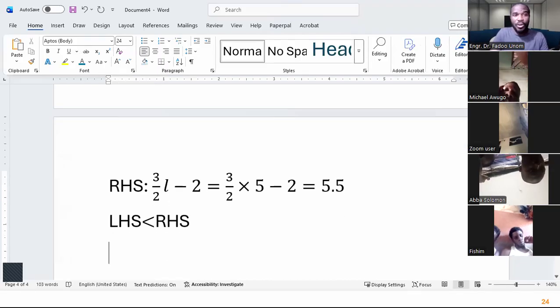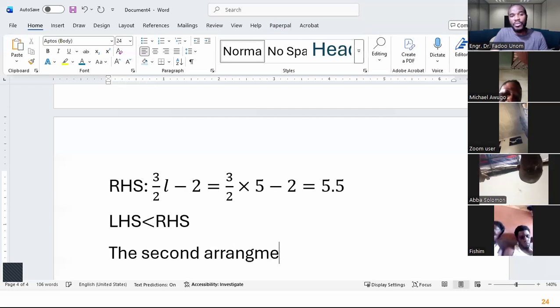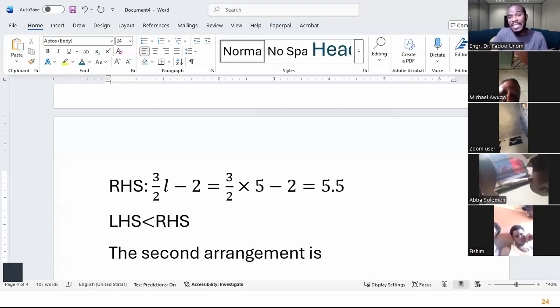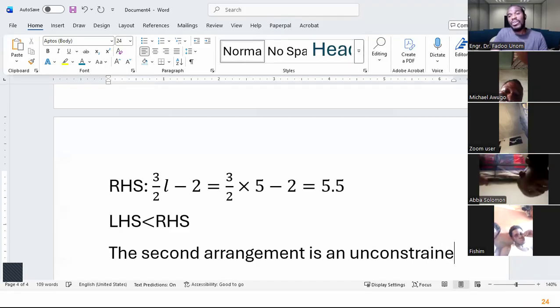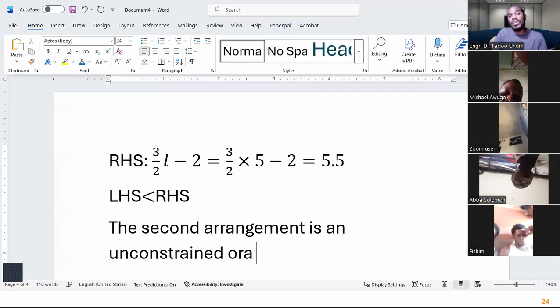And so we can conclude that the second arrangement is an unconstrained or a non-kinematic chain.